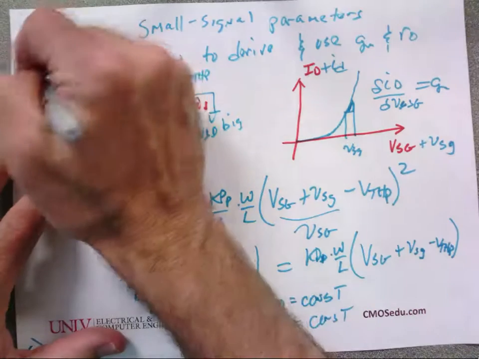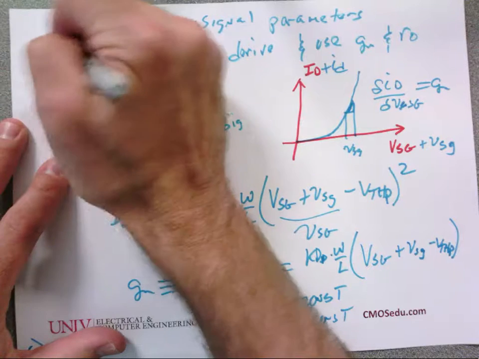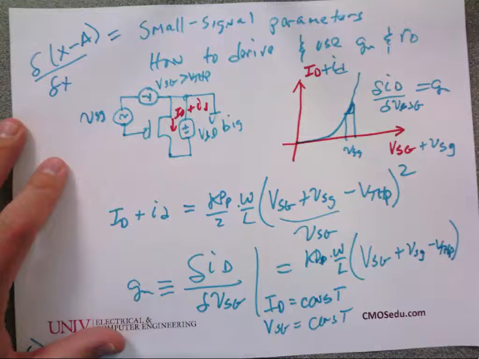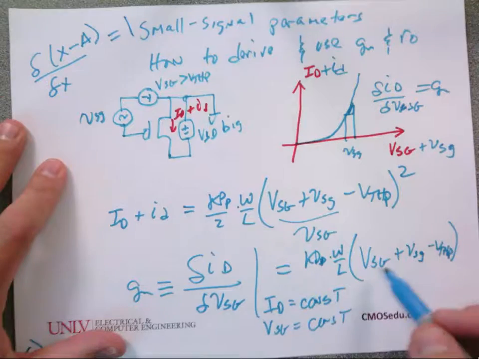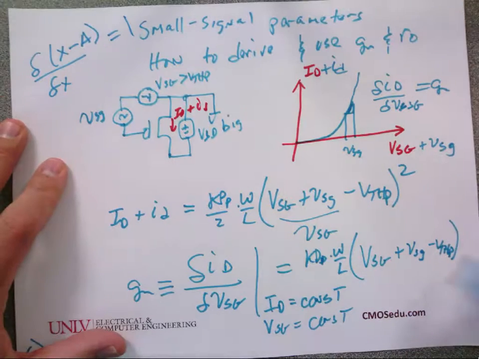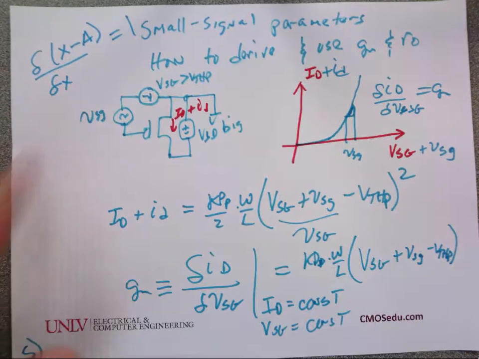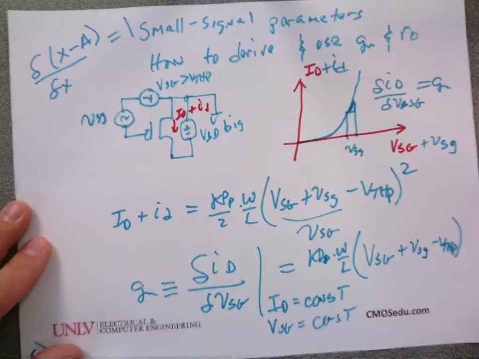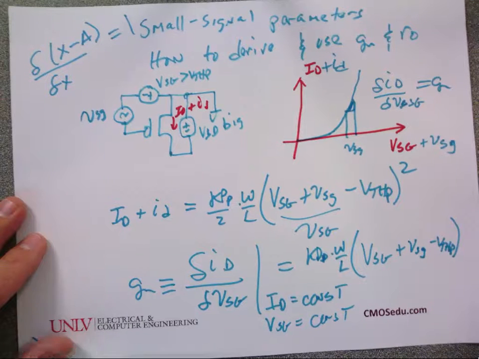What's the derivative of x minus a with respect to x? 1. And so the derivative of what's inside is 1. And so then I say, what was my small signal approximation? This didn't wiggle very much, so it's linear. So tell me what to do here to get 100% points.